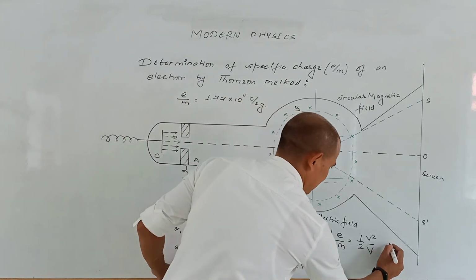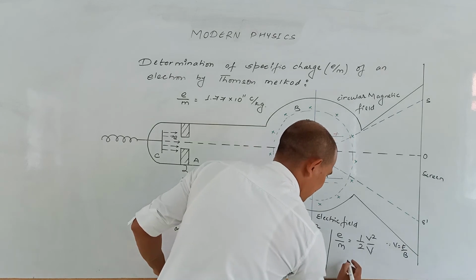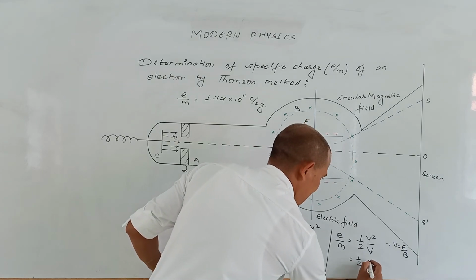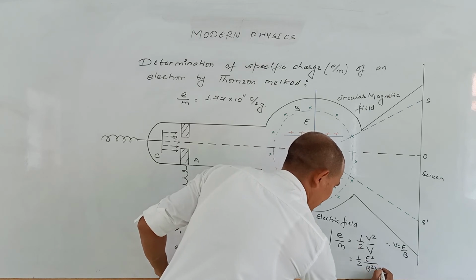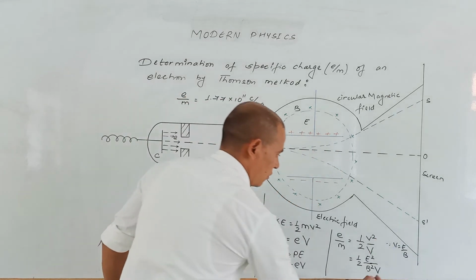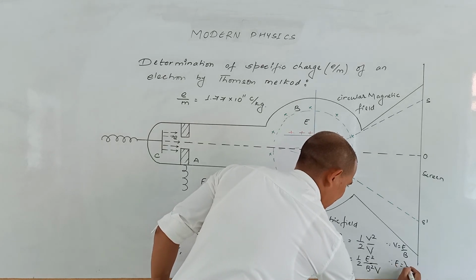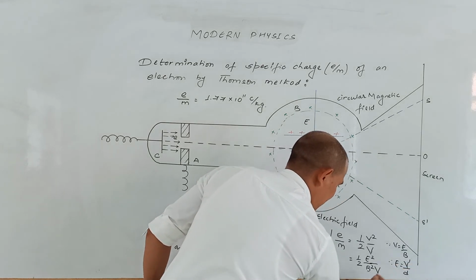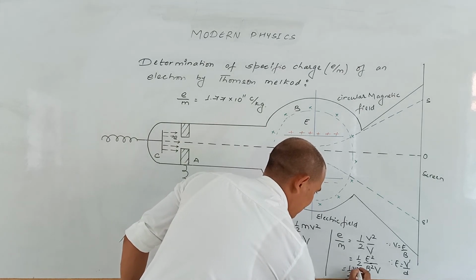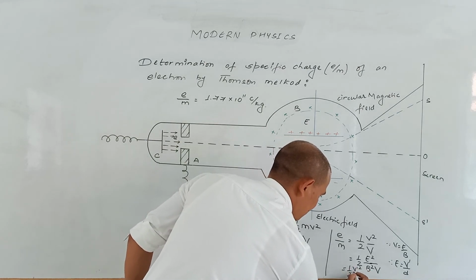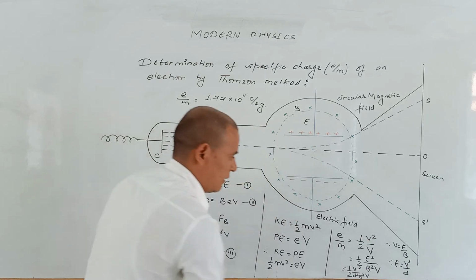Now we can replace this v by E divided by B. So our equation will be half E square by B square and V. Also, we can replace E by V dash by d. So that will be half V dash square by d square, B square and V.